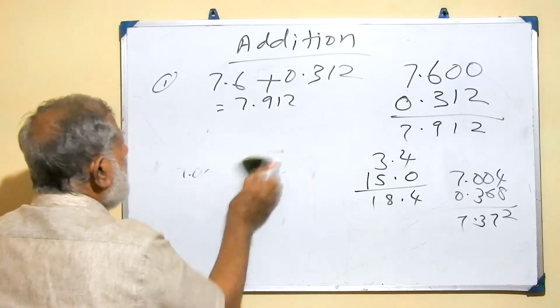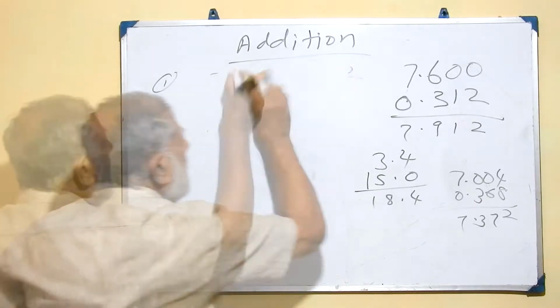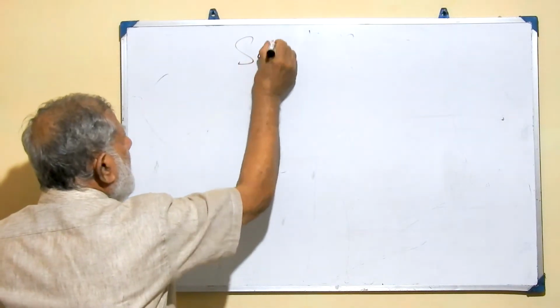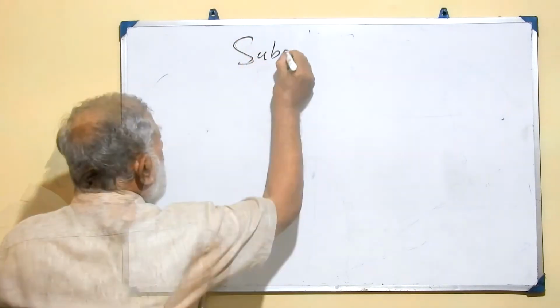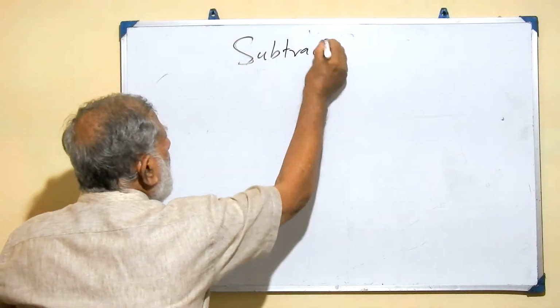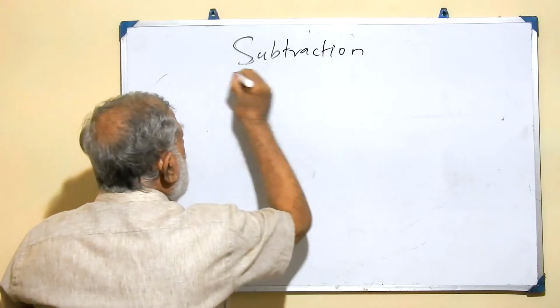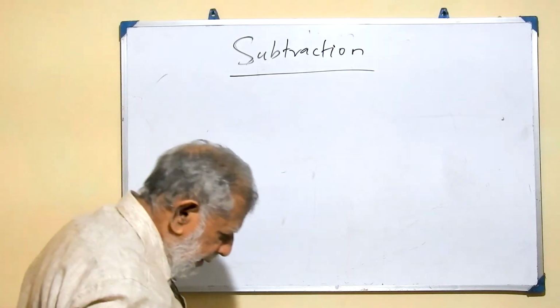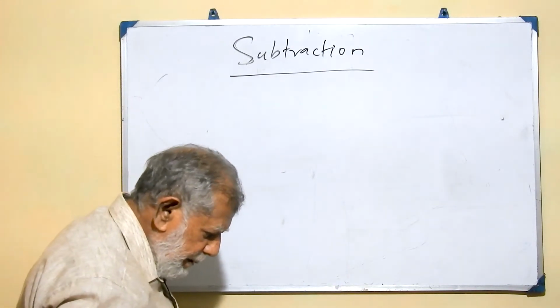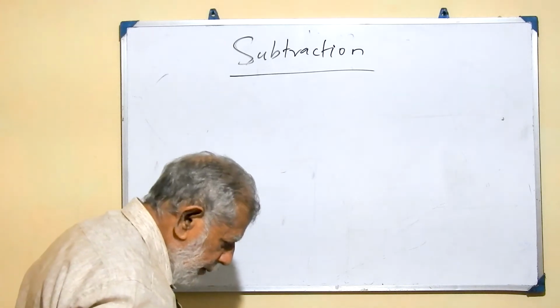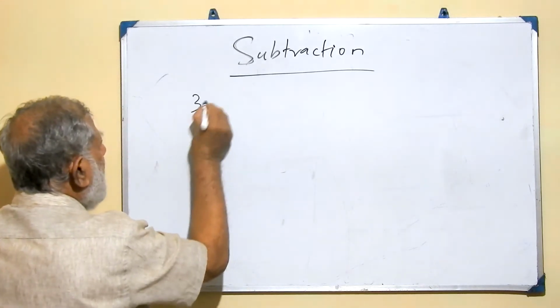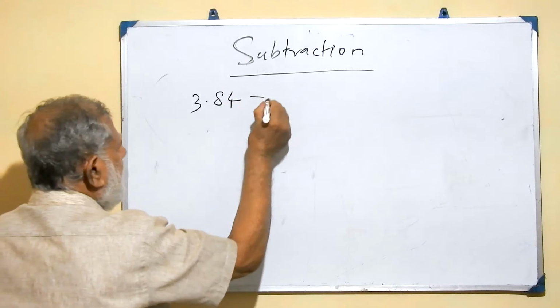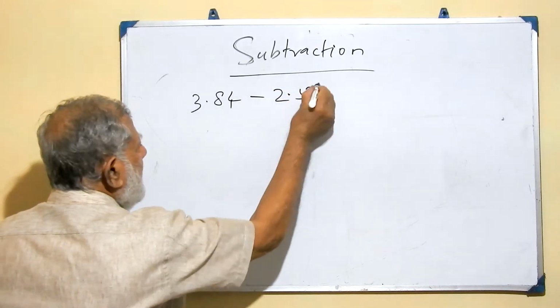Now we will go on to subtraction. Okay, we will take a sum: 3.84 take away 2.56.